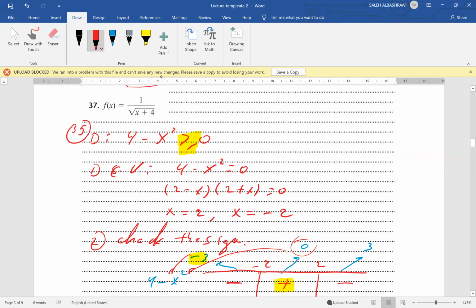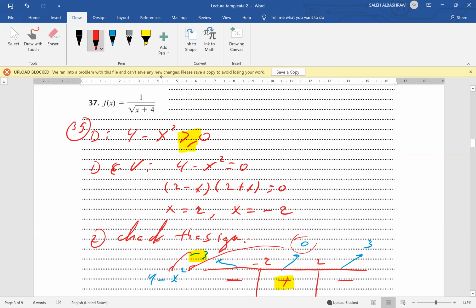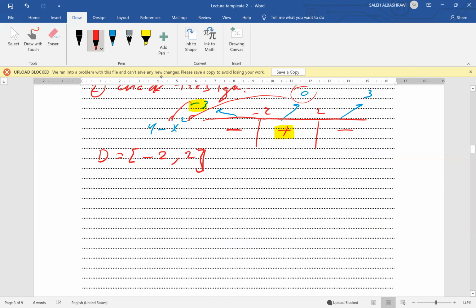For the last one, I have f of x equal to 1 divided by square root of x plus 4. Now, since the square root is in the denominator, we have to say x plus 4, we said before it should be greater than or equal to 0, but since it is in the denominator, we have to exclude the equality. It is not greater than or equal, it is just greater than 0 because we cannot divide by 0.